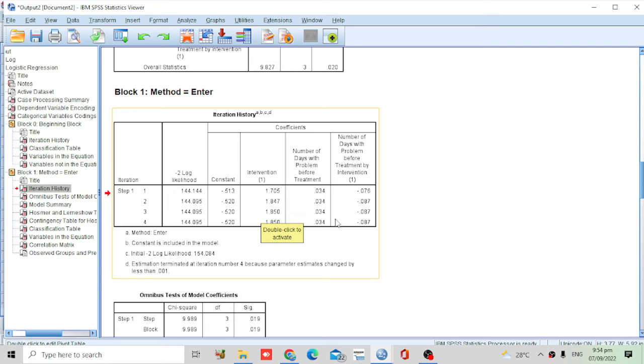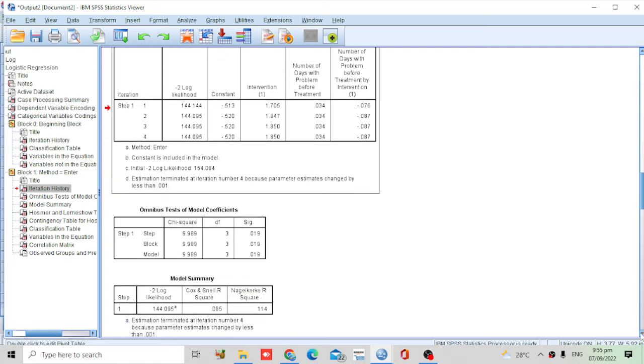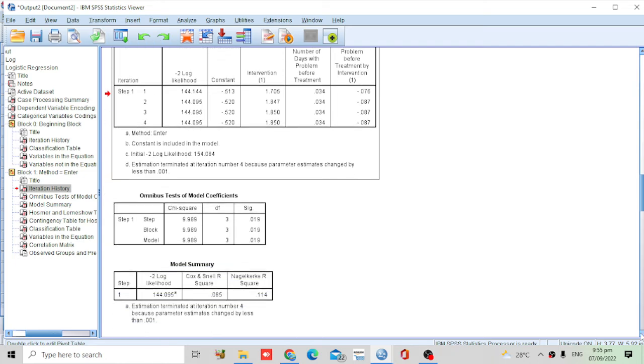So for the negative value, we have suspicious indications that the number of days with problem before treatment by intervention, or the interaction effect, has an impact on our dependent variable. So let us be careful with our interpretations, because the interaction effect is significant.